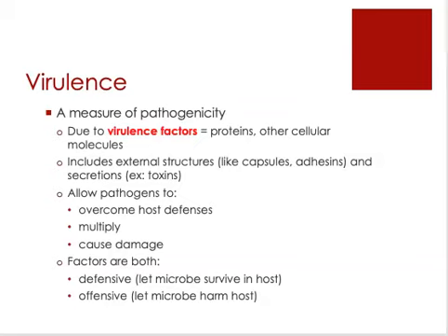Think of that as helping it to invade tissue. These virulence factors, in other words, give that microbe a certain amount of defensive ability to help it escape destruction by the immune system, and also offensive ability, the ability to do whatever it needs to do inside the body of the host in order to survive.